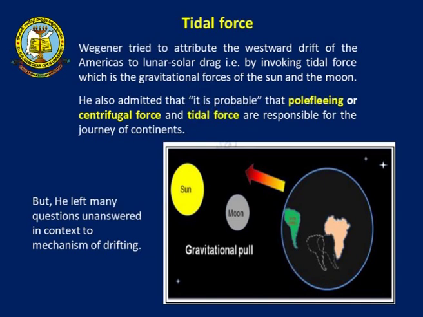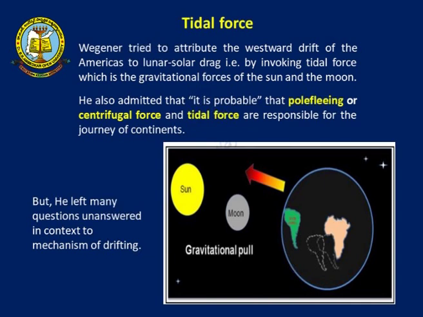Now, what is tidal force? Wegener tried to attribute the westward drifting of the Americas to the lunar solar drag. So, you can see this is Africa, then South America being drifted towards the western side, and this he attributed to the lunar solar drag by invoking tidal force, which is the gravitational force of the sun and the moon.